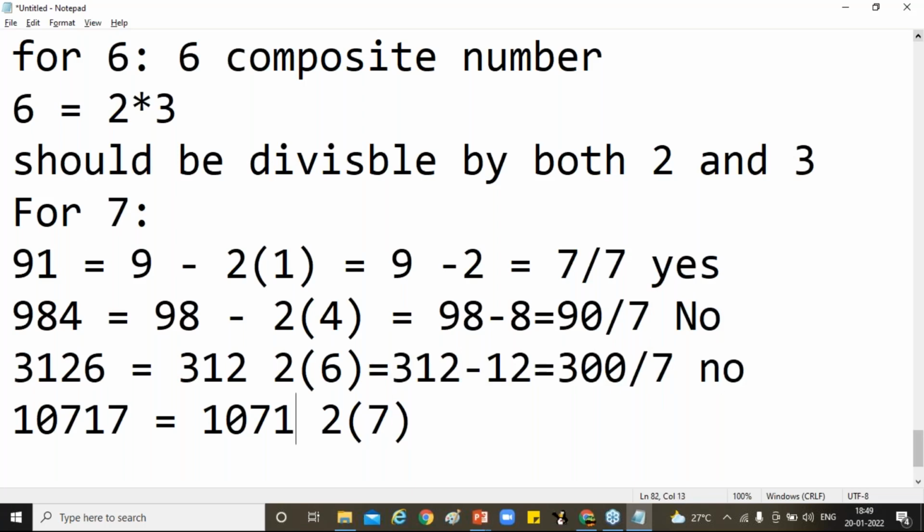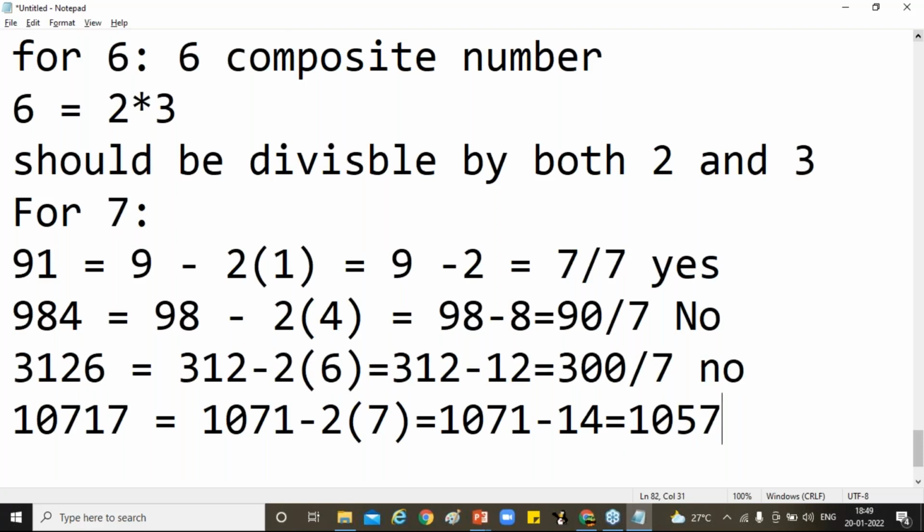But 10717: 1071 minus 14 is how much? 1057.